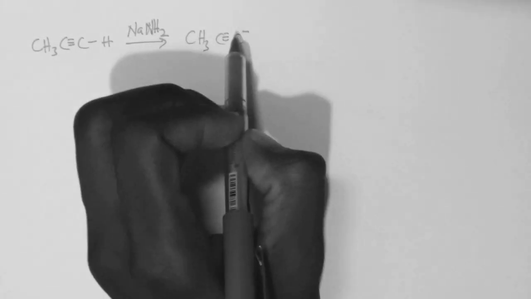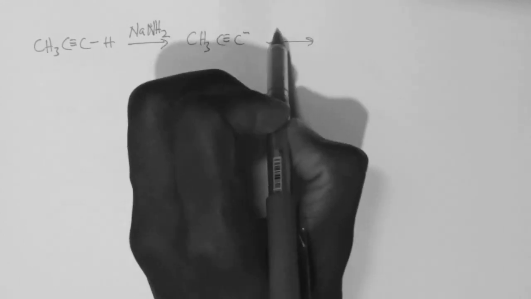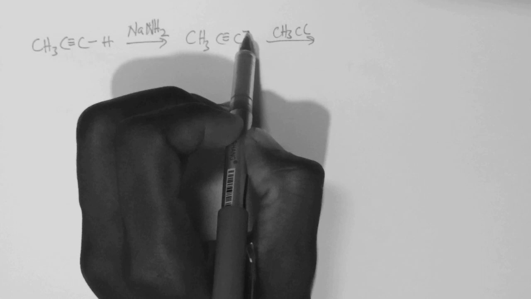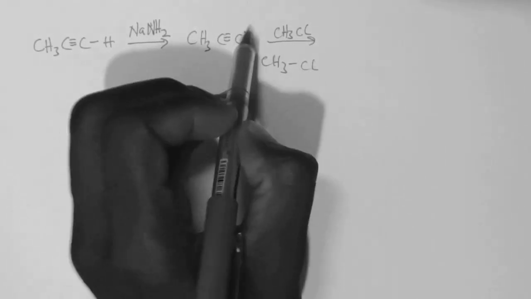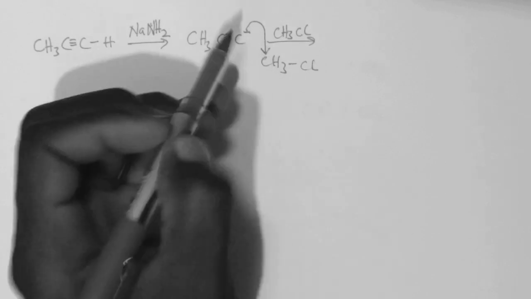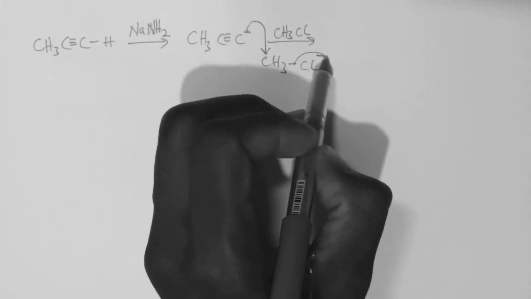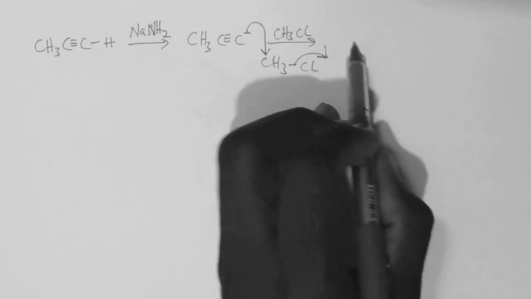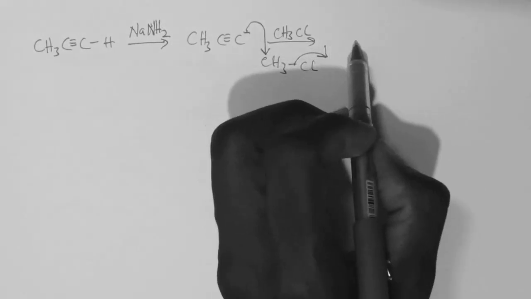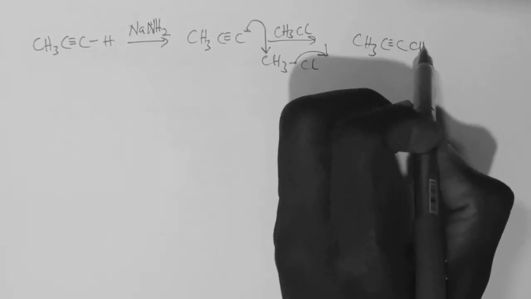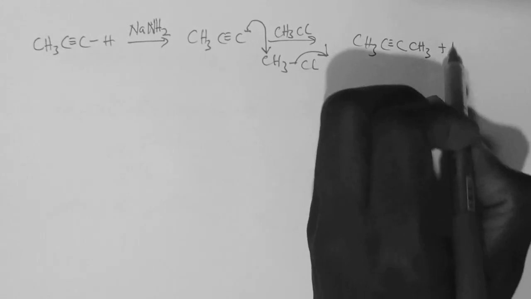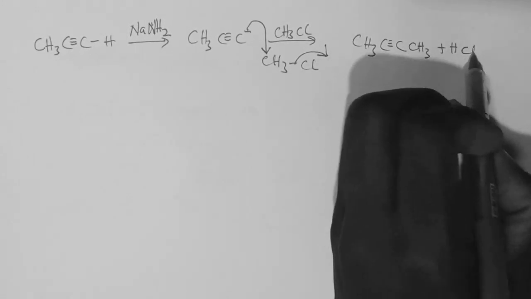And if you further add CH3Cl, this carbanion will attack this carbon because chlorine is a good leaving group, and it is going to give us CH3, C triple bond C, and CH3, plus HCl in solution.